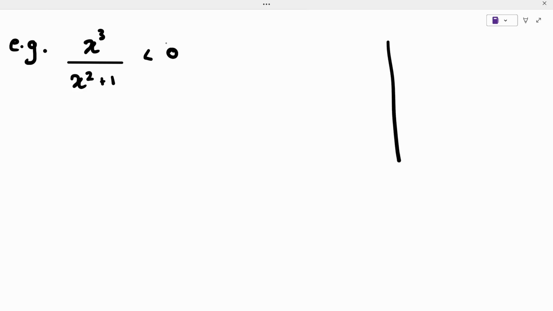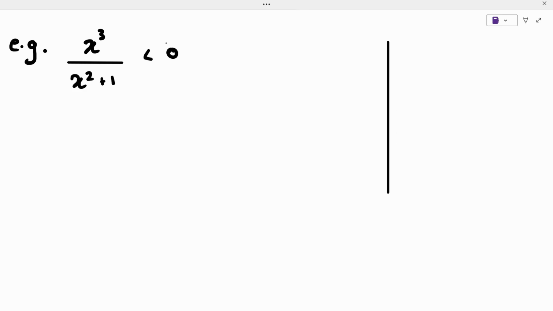So let's say we want to solve the inequality x cubed over x squared plus 1 is less than 0. In the quadratic inequalities, what we did was find the critical points, because those were the points where there would have been a change in sign. So why can't we do that here?